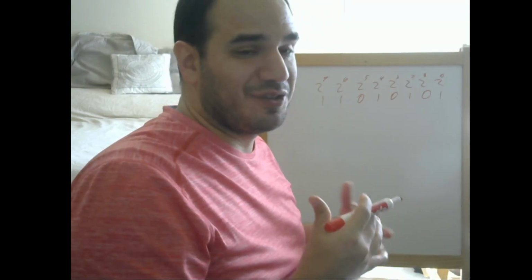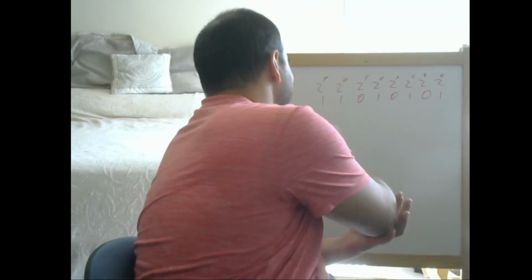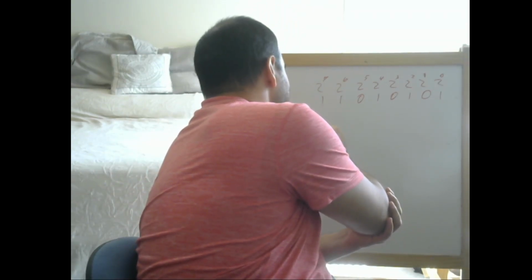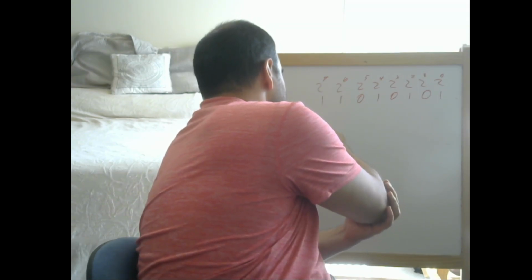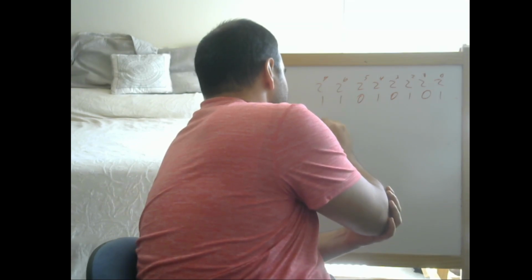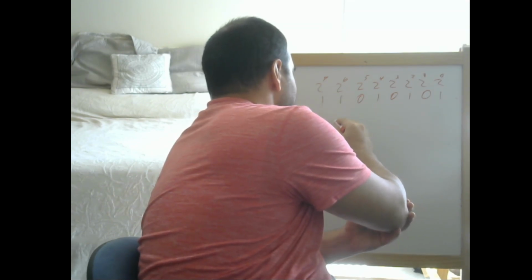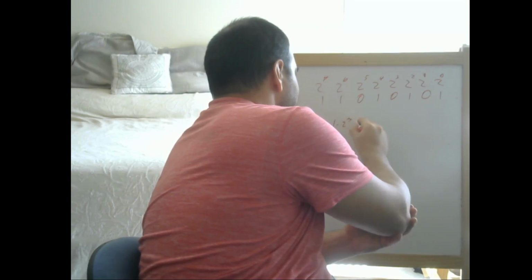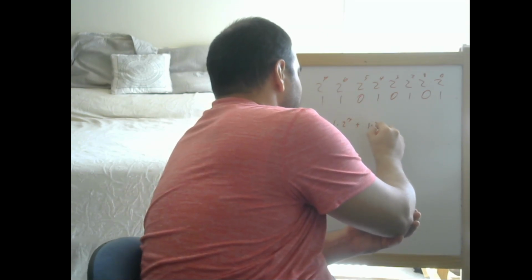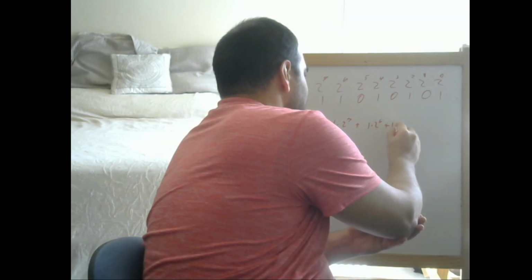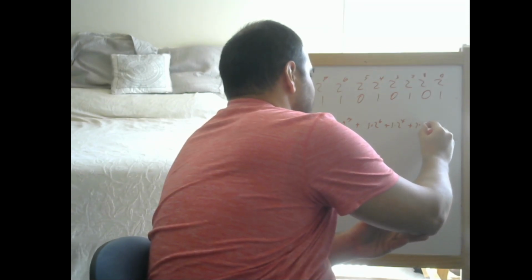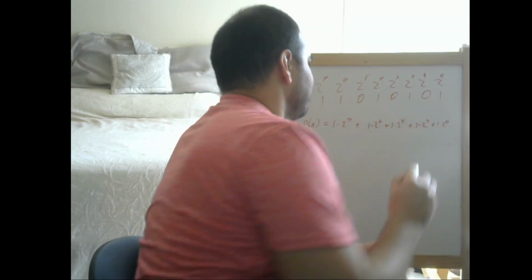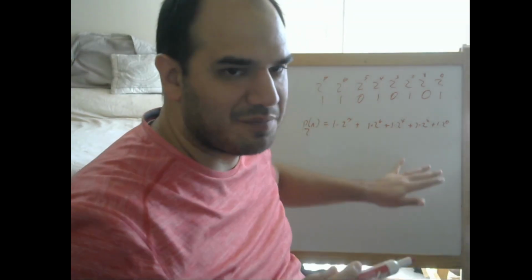So the polynomial converts everything back to base 10 for us. So we have it here in powers of 2.